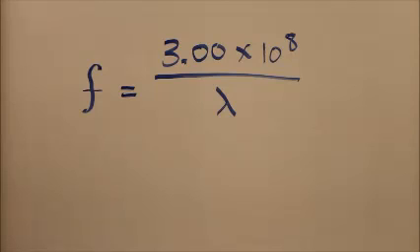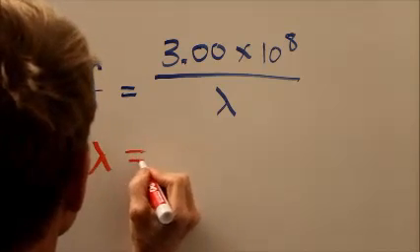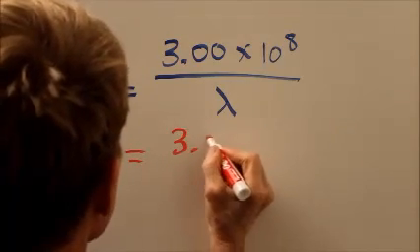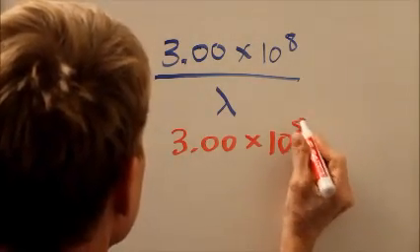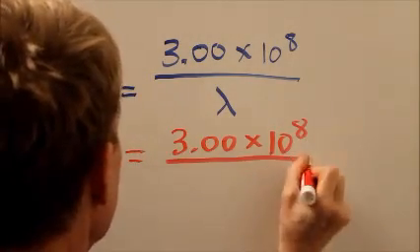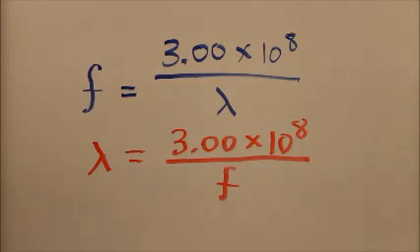And contrary-wise, wavelength in meters equals 3.00 times 10 to the 8th divided by the frequency in hertz. Well, we don't actually need to make any calculations here.